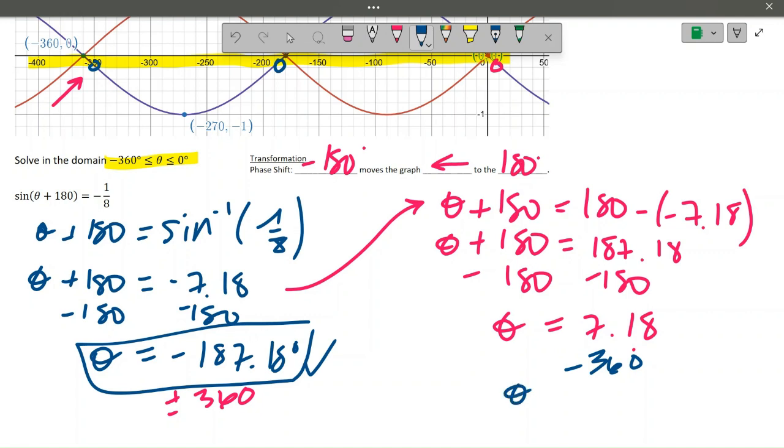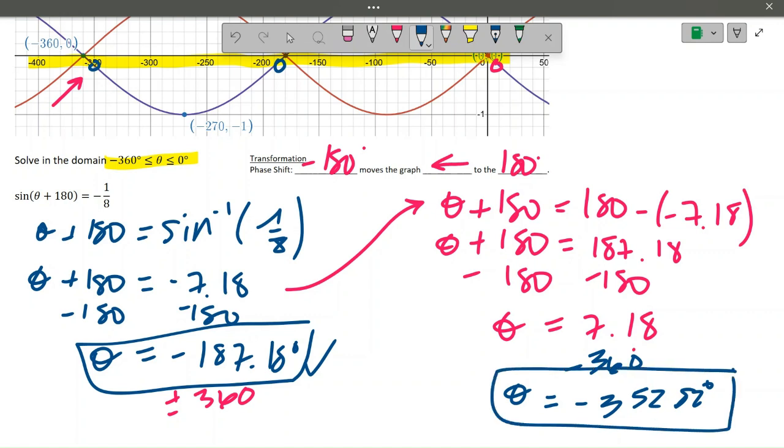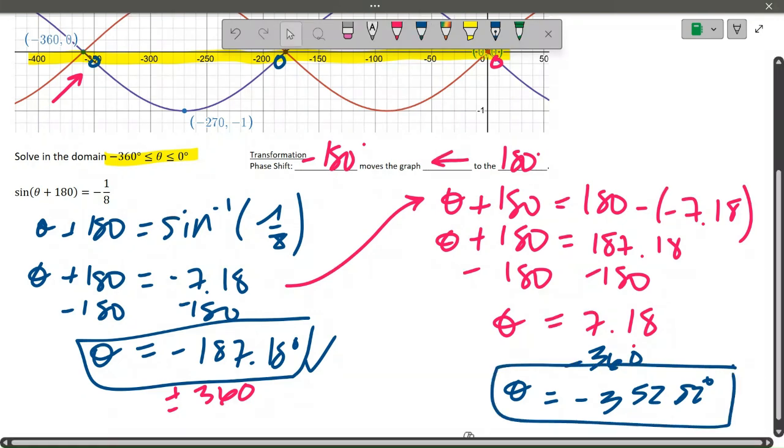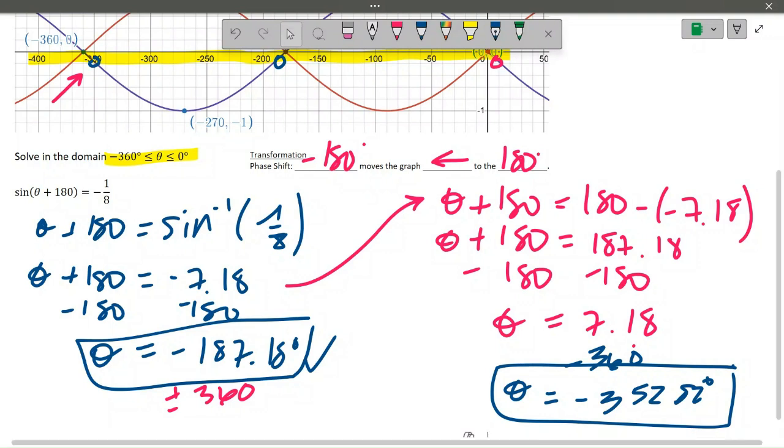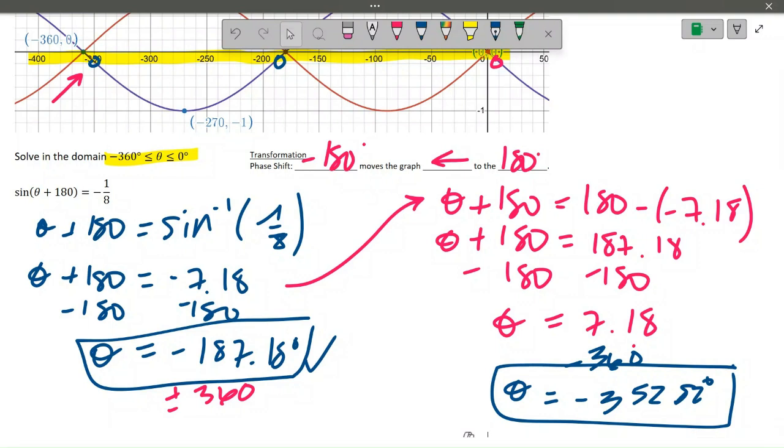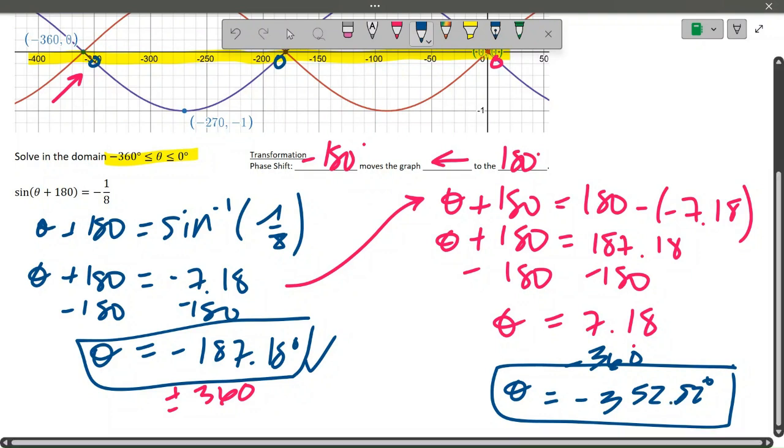And when we do that, we get theta equals negative 352.82 degrees. If we look at our graph, we see the value, negative 352.82 degrees. Boy, I didn't put a decimal point there. Looks like a much different number. Where that pink arrow lies or points to.